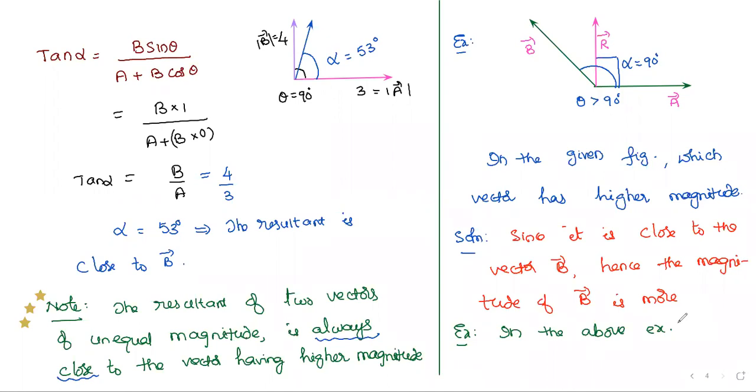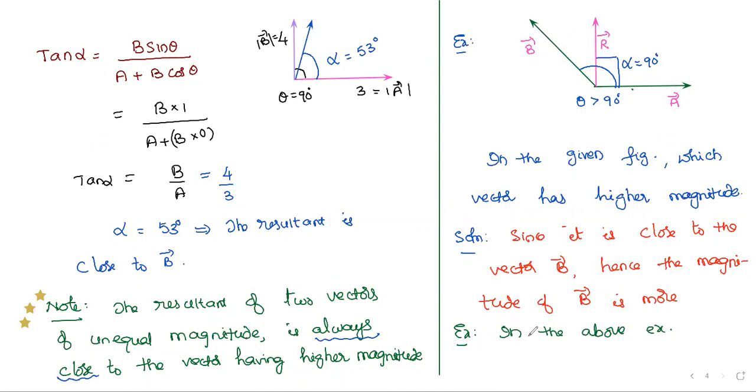Whichever vector is close to perpendicular, it has the higher magnitude. I said this is a case perpendicular to one of the vectors. Then here it is coming close to the other vector. Already it is 90 degrees, which means the remaining angle is less than 90. So it is close to the other vector. Close to the other vector means the other vector has the higher magnitude. That's it.